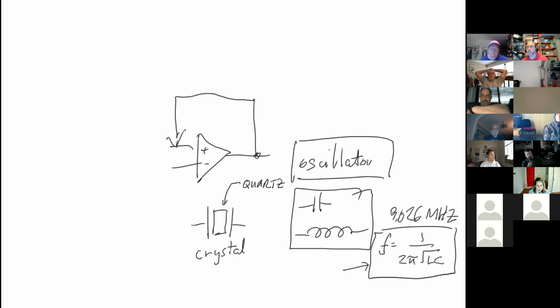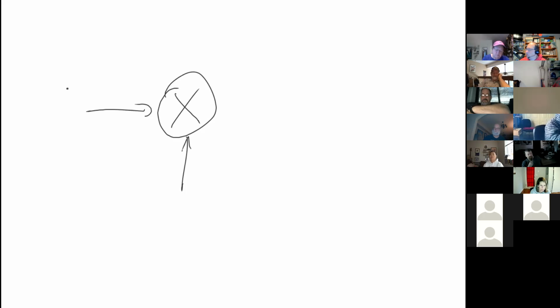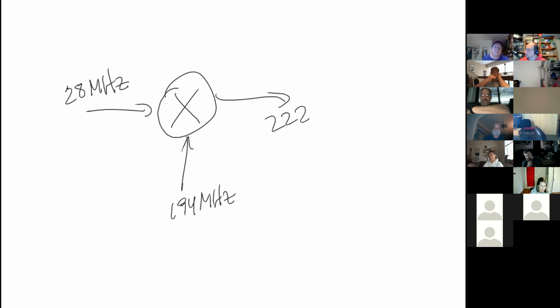Scott, can you say what's a real world scenario on why you would want to ever use an oscillator? Oh yeah, sure. Let's say I had a signal coming in from my radio, and I want to make a 194 megahertz oscillator so that I can produce 222 megahertz.